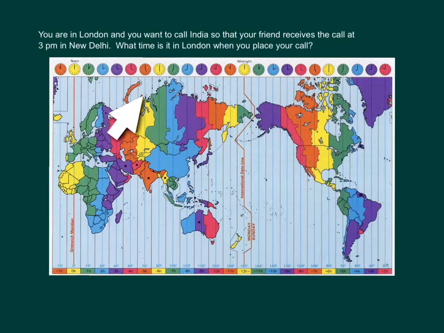So our question says you're in London and you want to call India so that your friend receives the call at 3 p.m., perhaps after he comes home from school. He lives in New Delhi, so we want to find out what time is it in London when we call in order to catch him at 3 p.m. So we want to find out that time difference between London and India and then take into account that half-hour difference at the end.